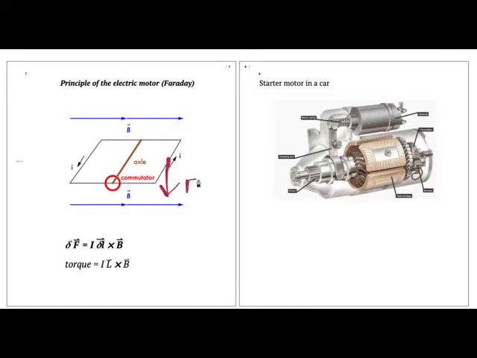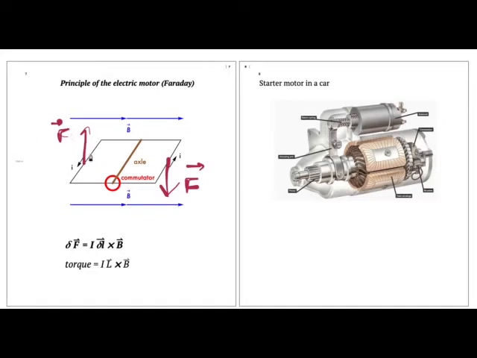So there'll be a force on this side of the current loop. On the other hand, over on this side, I points out of the page. So I cross B points upward. So you see there is a force all the way around the loop, and the sum of all the forces around the loop would be zero.